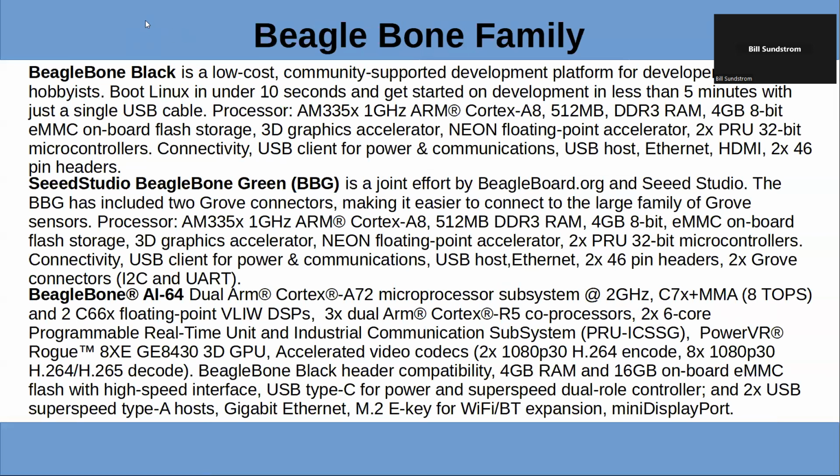The family for BeagleBone, the first one was the BeagleBone Black. Then they added, of course, everybody has to be green, so they've got a BeagleBone Green. The main difference, I think, on the green was it included Grove connectors. And Grove, you can actually get Grove sensors for most of these families.